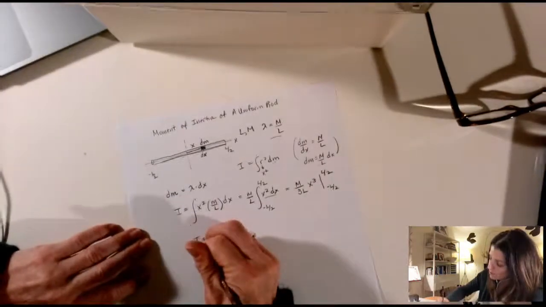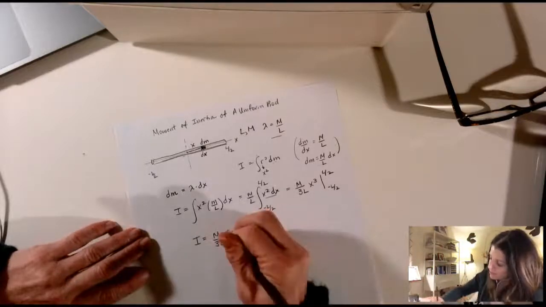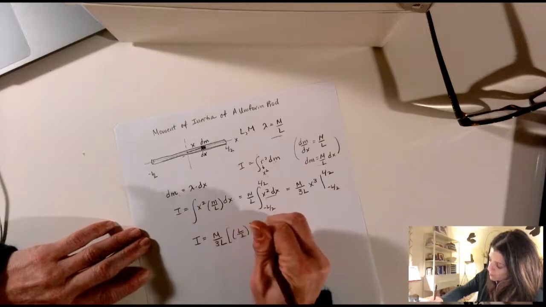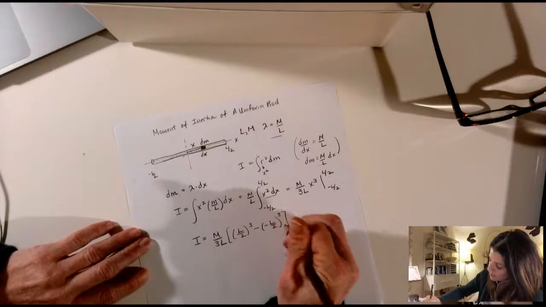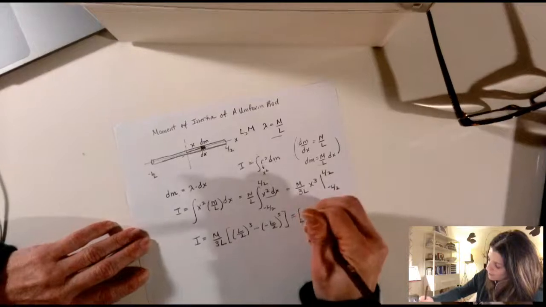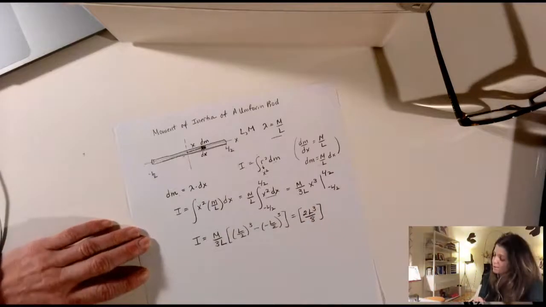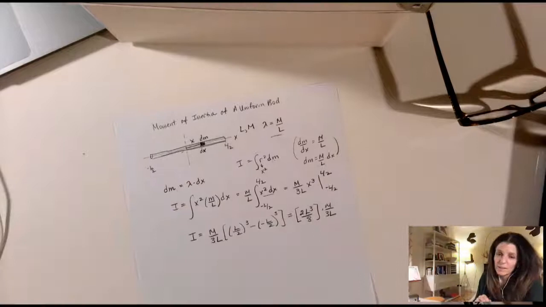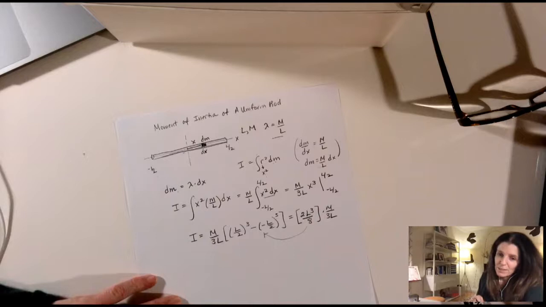So my moment of inertia is M over 3L times L over 2 cubed minus negative L over 2 cubed, which is equal to 2L cubed over 8, if you do that algebra out, times M over 3L.